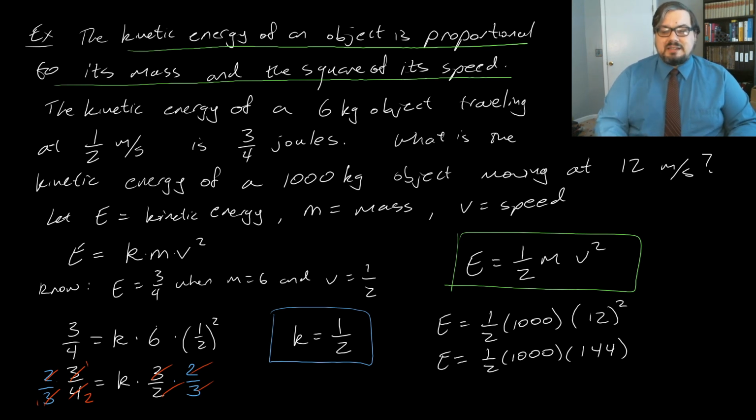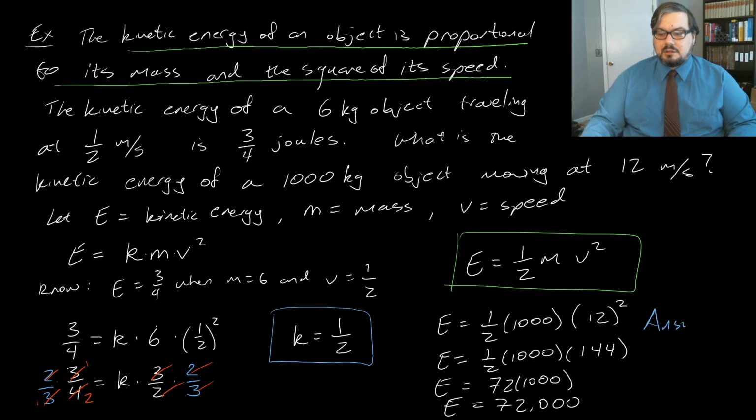Now, to make this easy on myself, I'll say, okay, 1/2 times 144 is 72. 72 times 1,000 is 72,000. And therefore, our answer is that the kinetic energy of a 1,000 kilogram object moving at 12 meters per second is 72,000 joules.